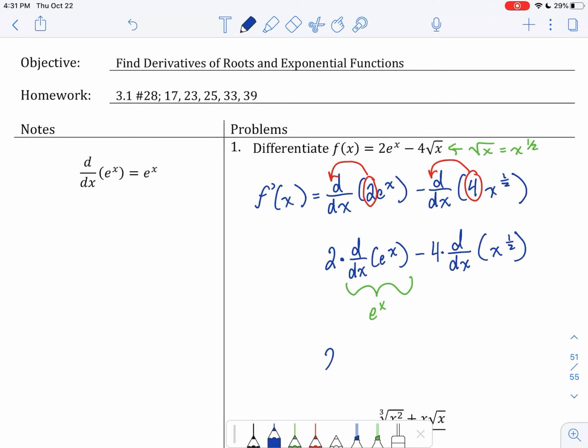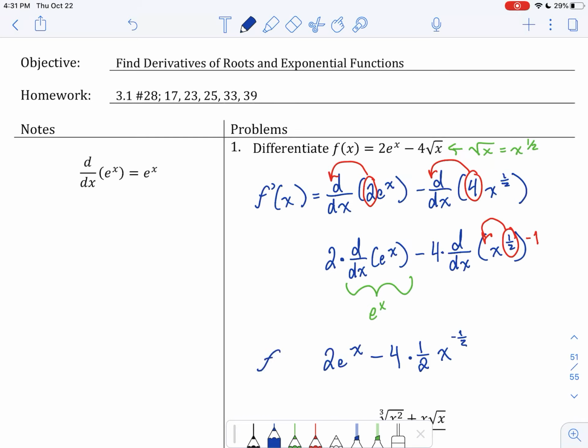It is equal to itself. So this is 2e to the x minus, and here we have a power rule, even though it's a fraction, still works. That comes down, becomes the new coefficient, and then minus 1. So in this case, this becomes 4 times 1/2 x to the 1/2 minus 1, which is negative 1/2.